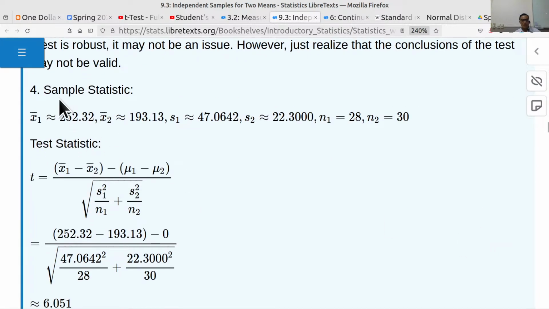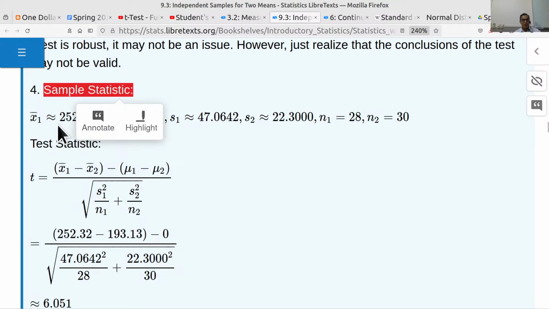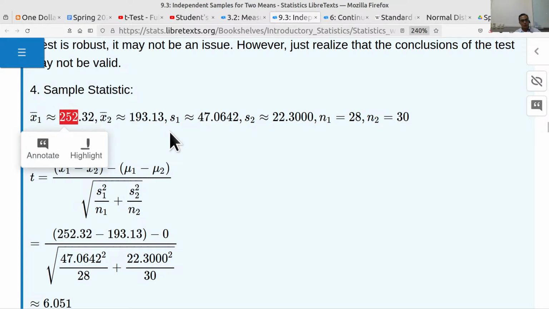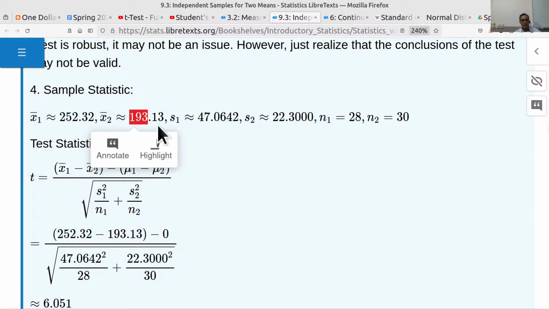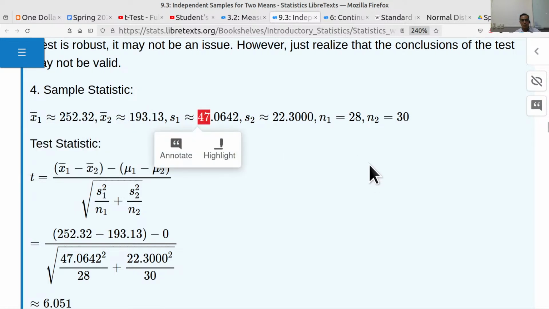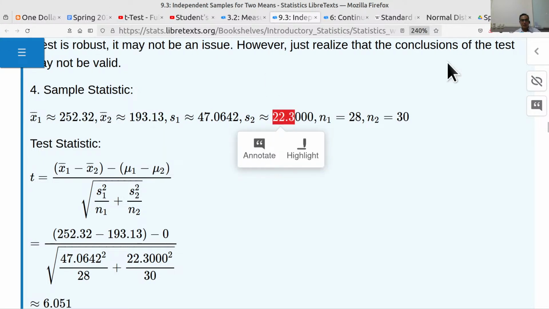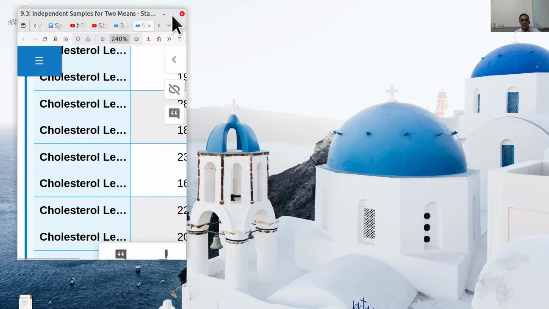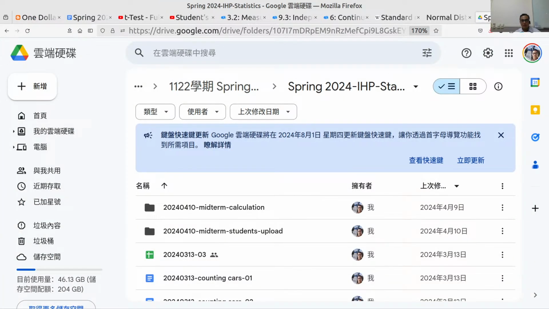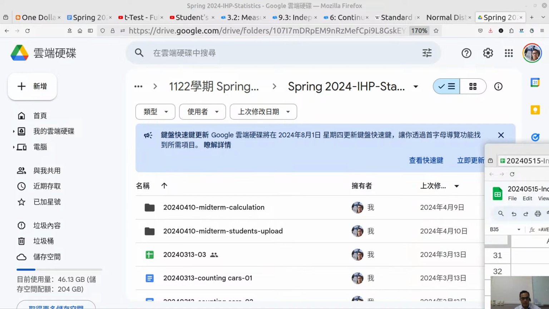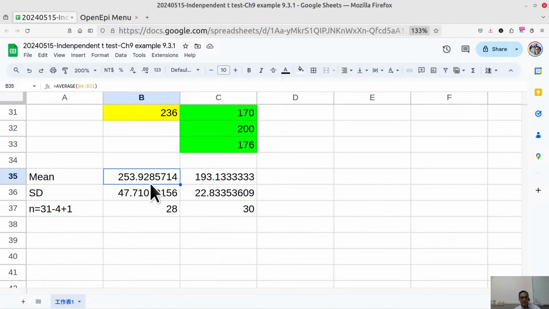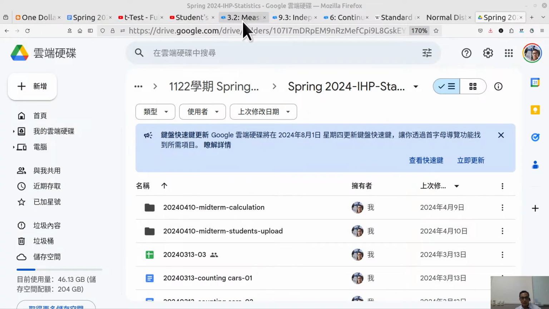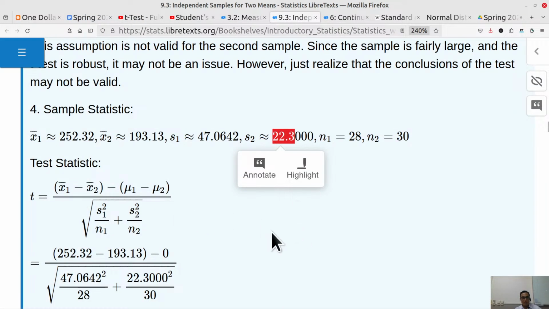Simple statistics. The average of the first one is 252, the other is 193, and the standard deviation is 47. The other one is 22.3. As we got the calculation like this, then we can see the number here.